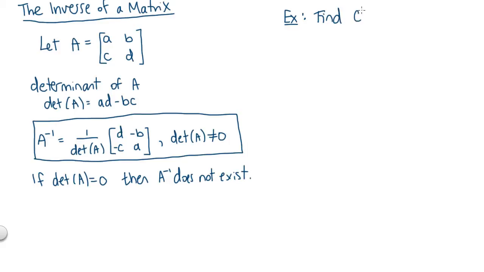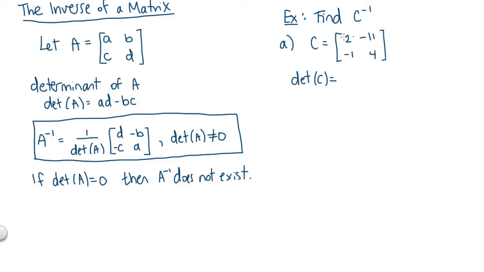We are going to find C inverse, and for part A, let's say our matrix C looks like 2, -11, -1, 4. So first thing we should do is calculate the determinant of this matrix.